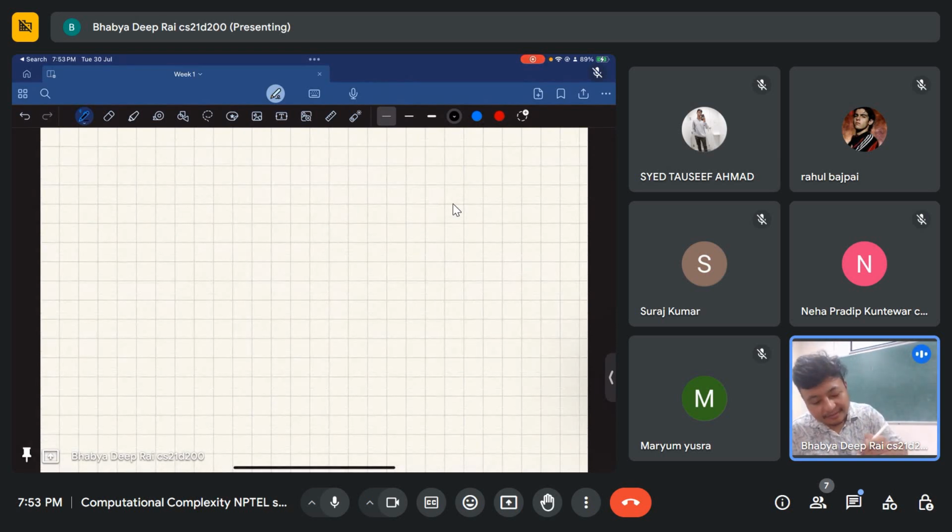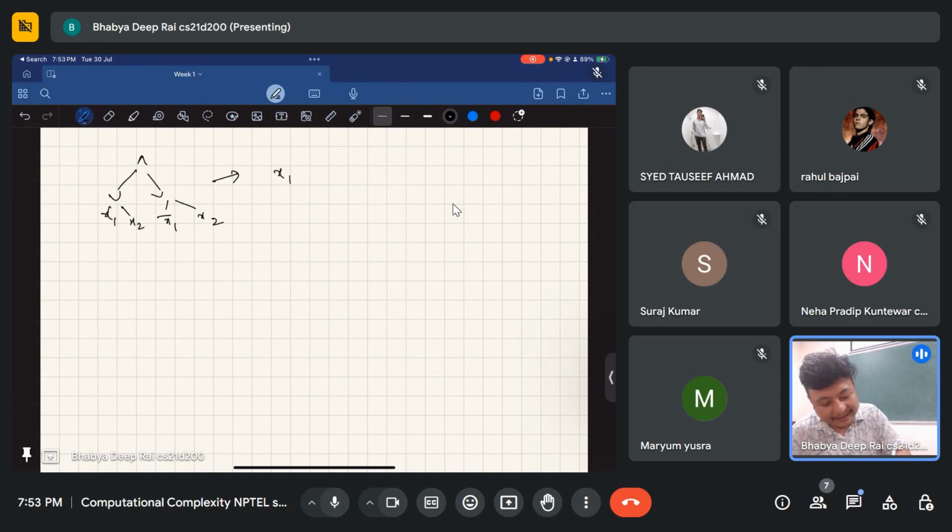Just to be clear, I'll give you an example of a satisfiable formula. For example, x1 or x2, and x1 bar or x2. Okay, this is satisfiable. Why?